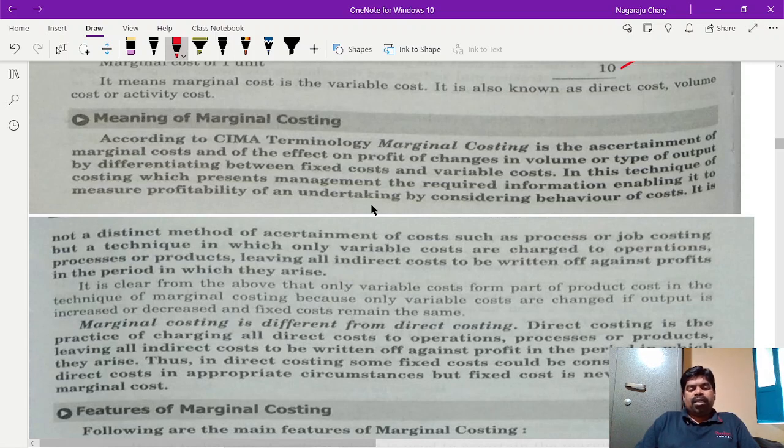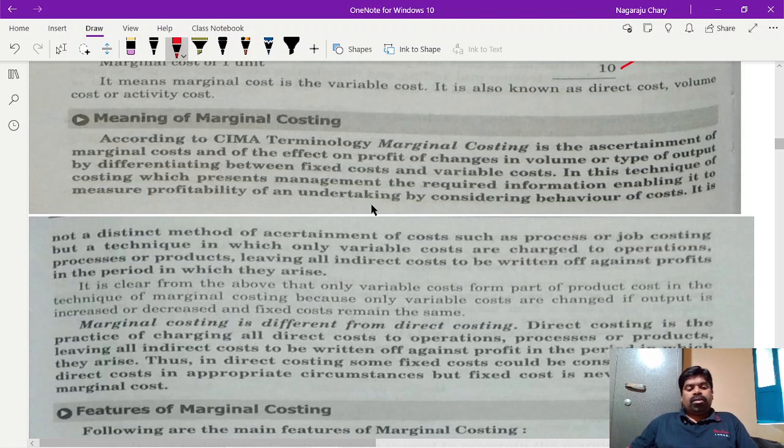It is clear from the above that only variable cost forms part of product cost in the technique of marginal costing, because only variable costs are charged if output is increased or decreased and fixed costs remain the same. So while calculating marginal cost, fixed cost remains fixed.